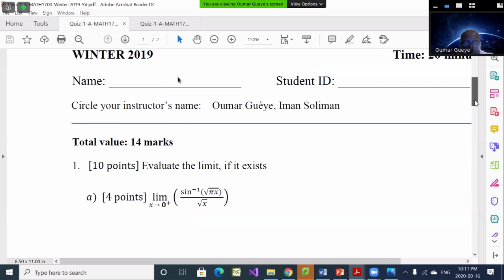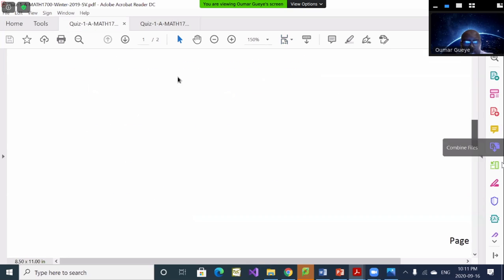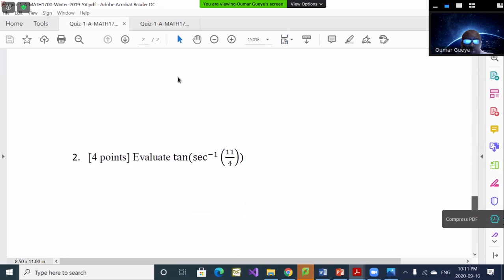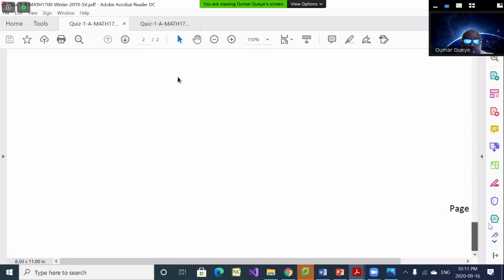I'm going to skip the B part here and ask you to do this one. Okay, so you can calculate this: tan of secant inverse of 11 over 4. You calculate this value. This is not a derivative. This is what we did in the previous classes.